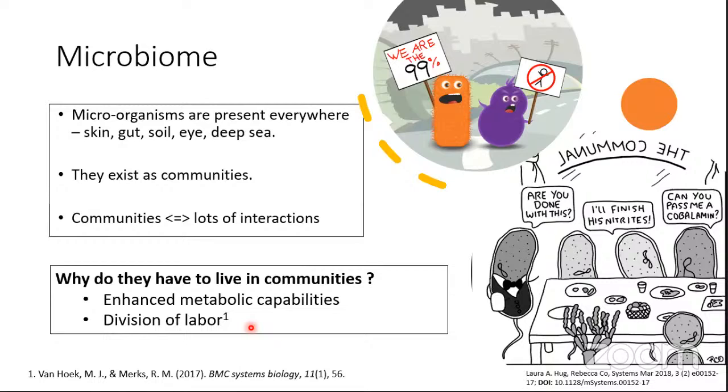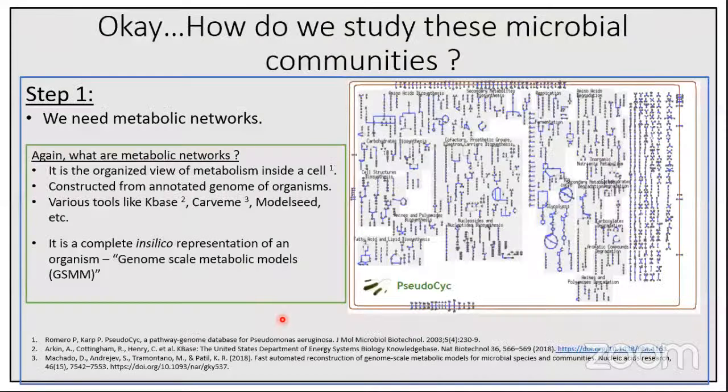This also improves the metabolic capabilities, as the advantages of other microbes get added to the community. When you have four different microbes with four different advantages and they form a community, the community will have all four advantages. These are certain features of a microbe being in a community.